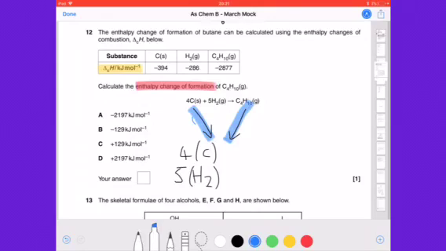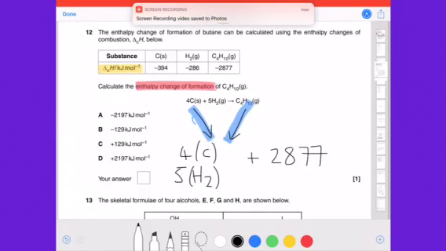Because we go against that arrow, we have to swap the sign. So currently that sign is minus 2877. We are going to plus 2877. And if you add those 2 values together, once you've put the numbers in, you should get a final answer of minus 129 as your result. So the answer should be B.